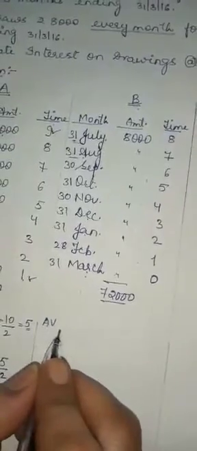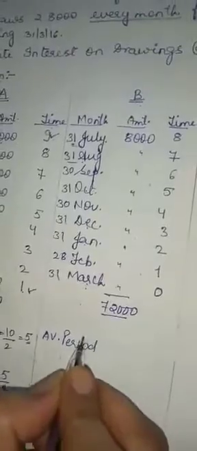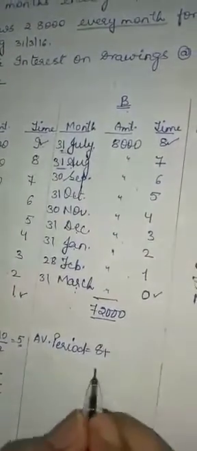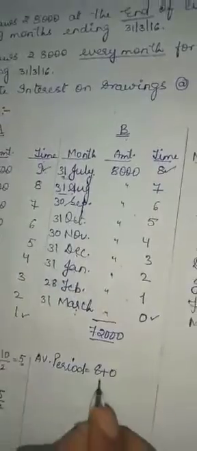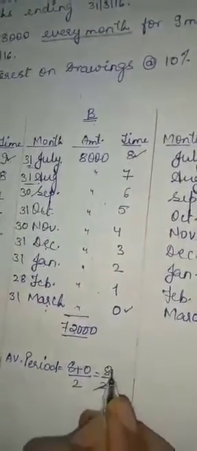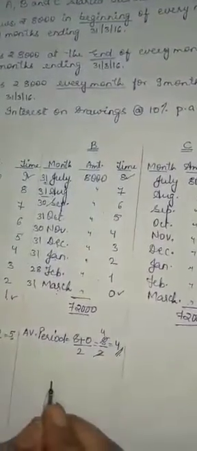Now we will calculate the average period. We know the formula. Time left after first drawing, that is 8 months, plus time left after last drawing, that is 0 months, divided by 2. That means 8 by 2, which is equal to 4. So the average time period is 4 months.